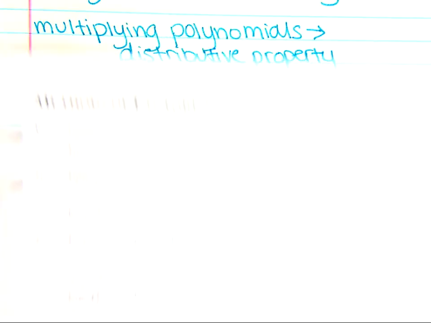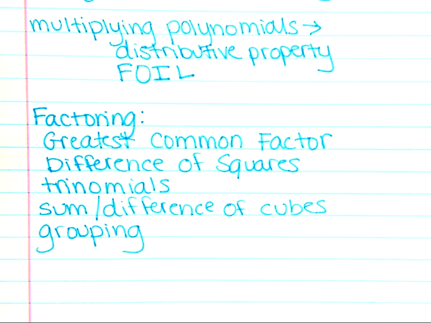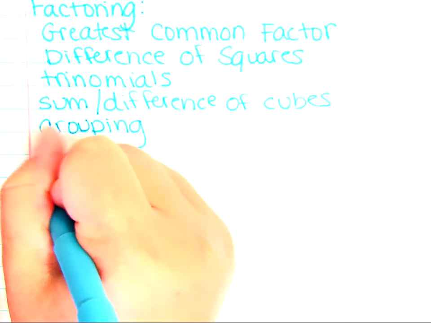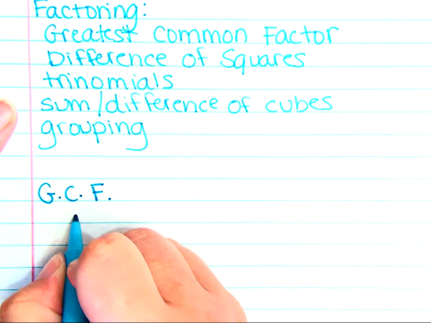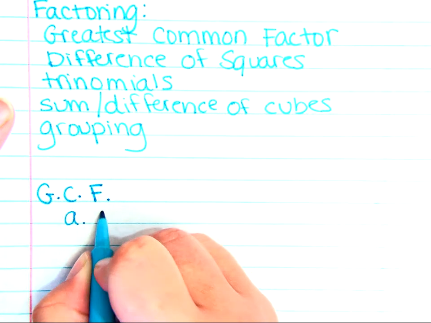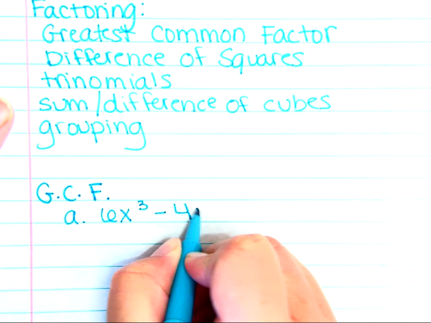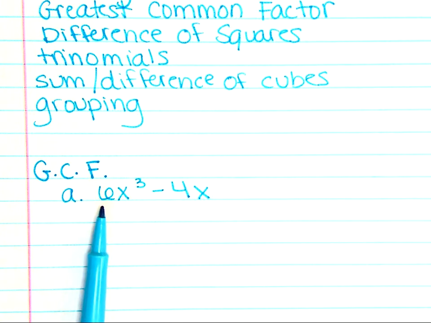Greatest common factor, sometimes abbreviated GCF. You're going to look for what all of your terms have in common. So if I wanted to factor 6x cubed minus 4x, I've got 6 and 4.